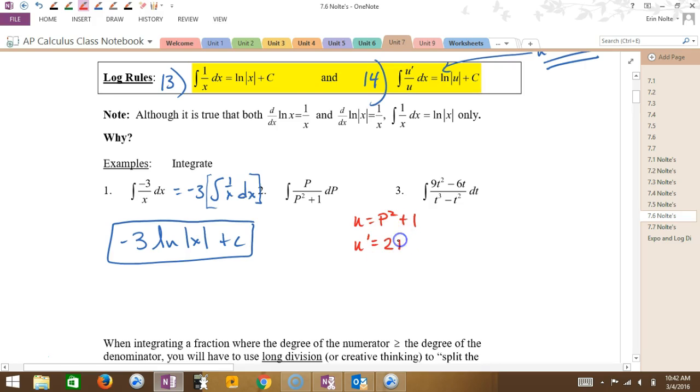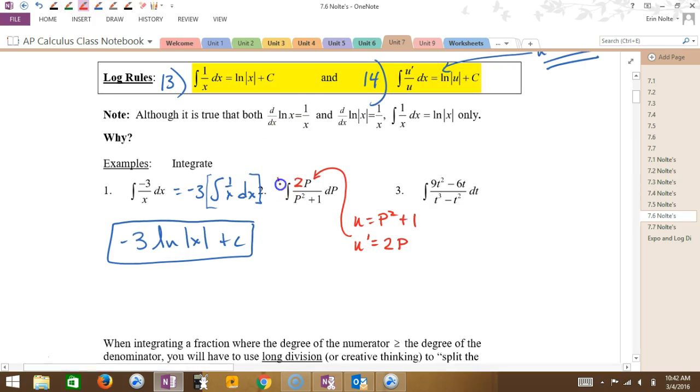2p. Now I'm going back to my little integral and comparing the two. Is p the same as 2p? What's the difference? There's a 2. If I put a 2 up on the top, that's technically multiplying the equation by 2, so I can't just multiply by 2, I have to undo it. How do I undo multiplying by 2? Divide by 2.